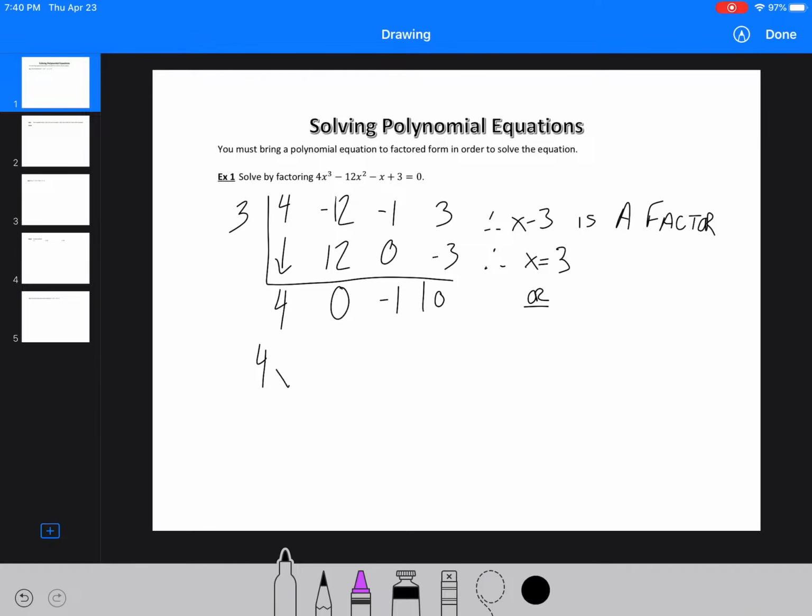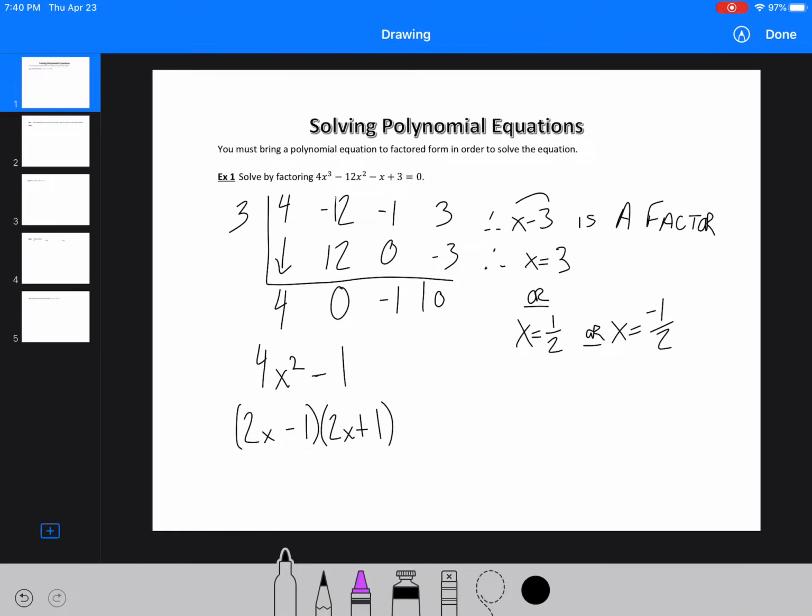We've got 4x squared plus 0x minus 1, so then that's going to be a difference of squares, so 2x minus 1 and 2x plus 1. So then x equals 1/2 from that first bracket, or negative 1/2 from that second bracket. Alright, exactly the same process as a quadratic.